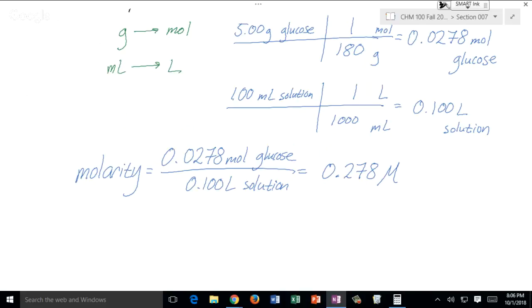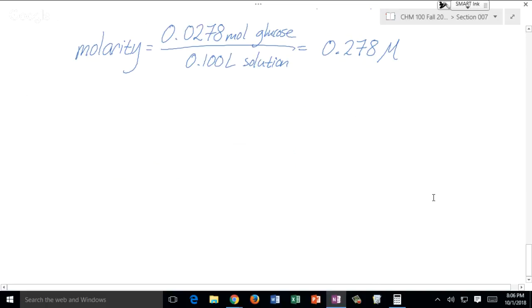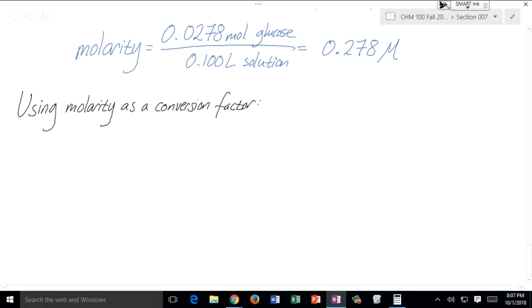All right, the last thing we're going to do is figure out how much of something you might need to get a certain number of moles. Okay. So sometimes we're given a molarity and we want to know how much of a particular solution do we need to give a certain number of moles.